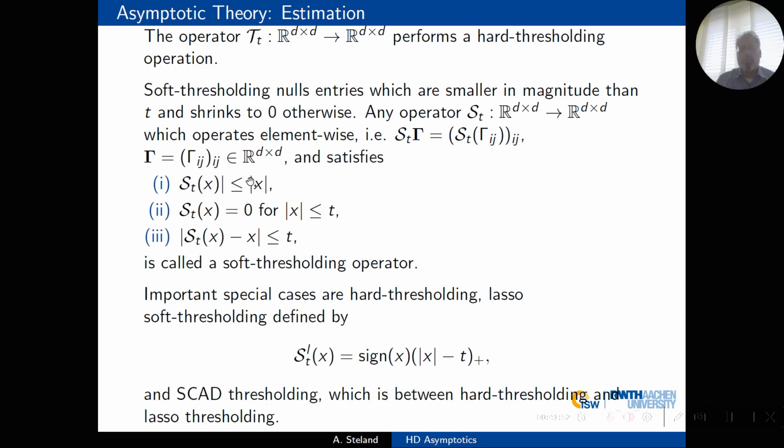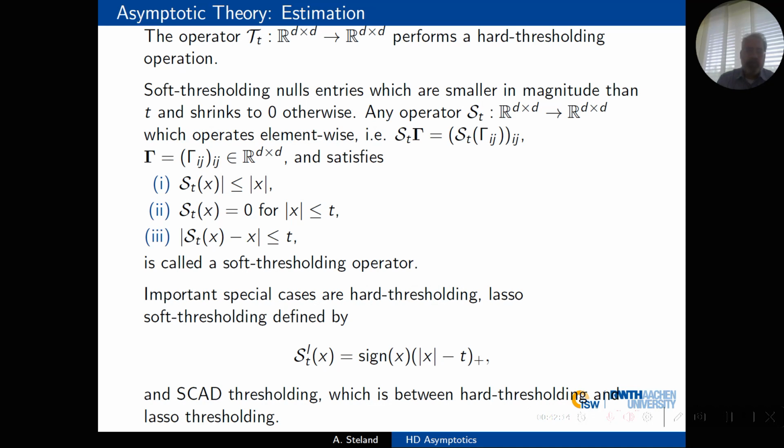So it is less than or equal to the modulus of x. It is 0 if the modulus of x is less than or equal to our threshold t, and it is not too far away from the identity. Important special cases are, of course, hard thresholding.